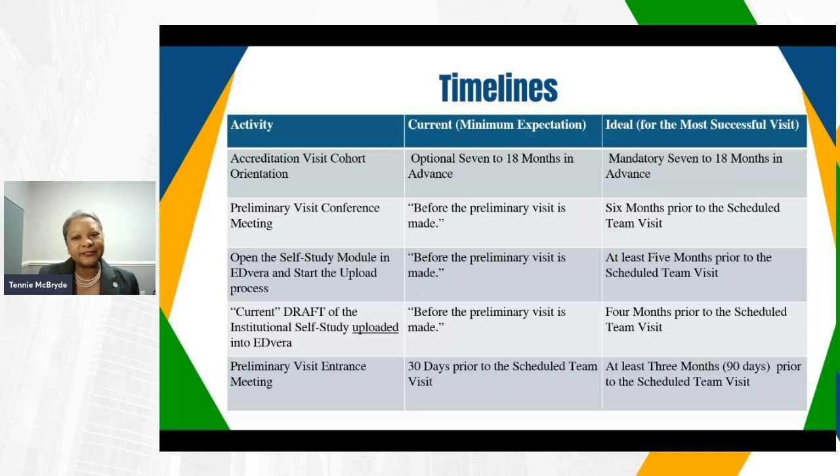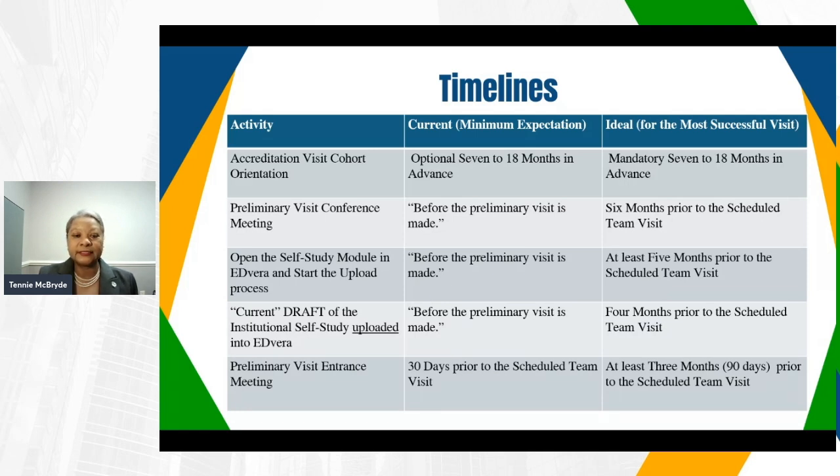Ideally, institutions undergoing accreditation should experience the most successful visit if they send an eligible representative to the commission sponsored workshops for the preparation of the self study report and other required workshops within 7 to 18 months prior to the scheduled team visit.